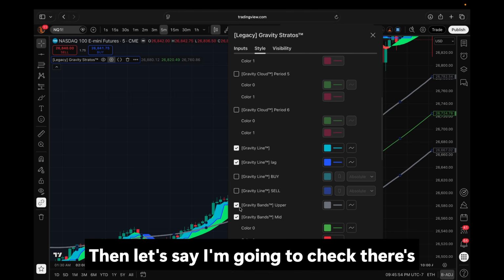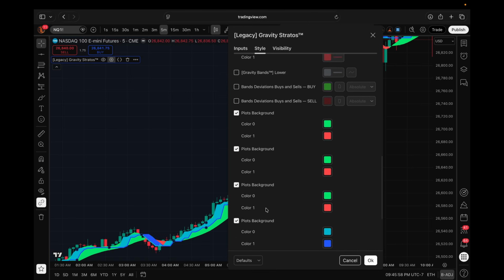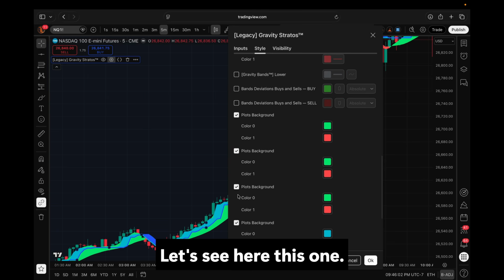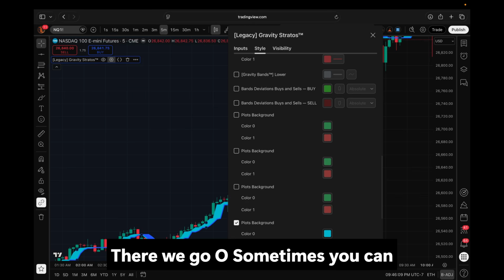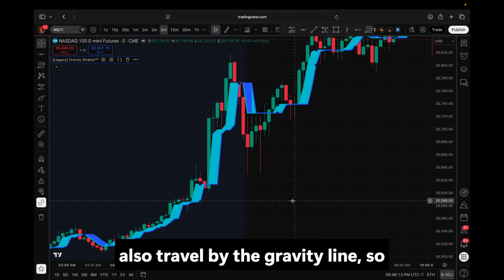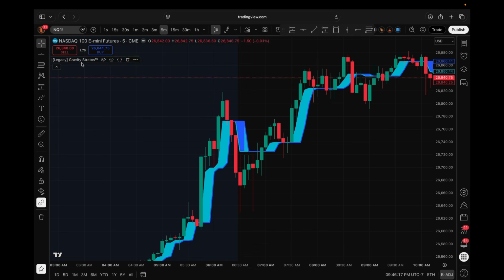And then let's say I'm gonna check this too. Let's see this one. There we go. So sometimes you can also trail by the gravity line. So if it breaks above, you can trail.